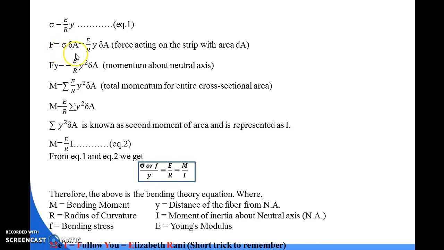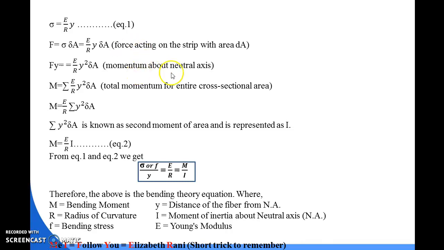Here we only consider the small strip AB. So stress multiplied by delta A is the force for the AB strip. Hence we can put in place of stress the value E by R into y that we got in equation 1. By putting this value, the force value will be changed into E by R y delta A.